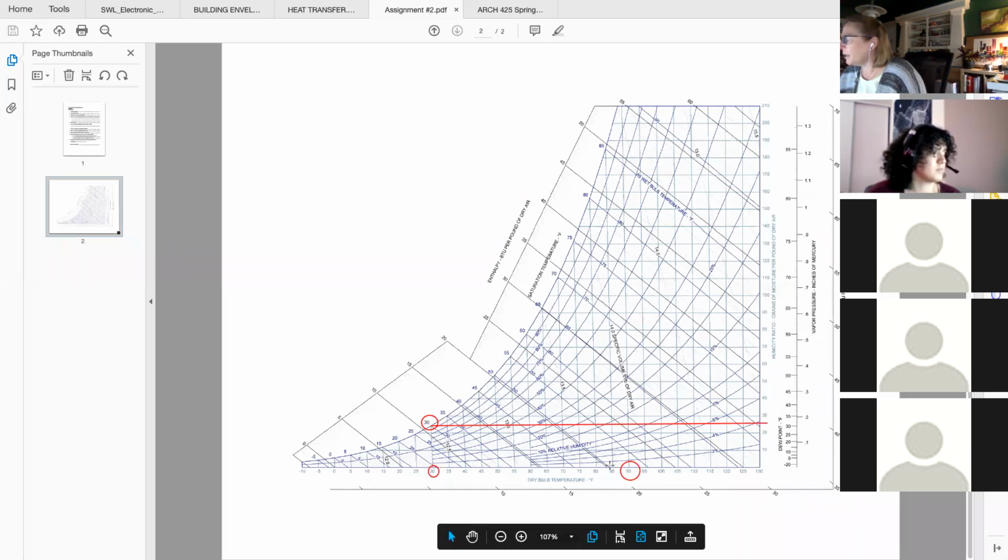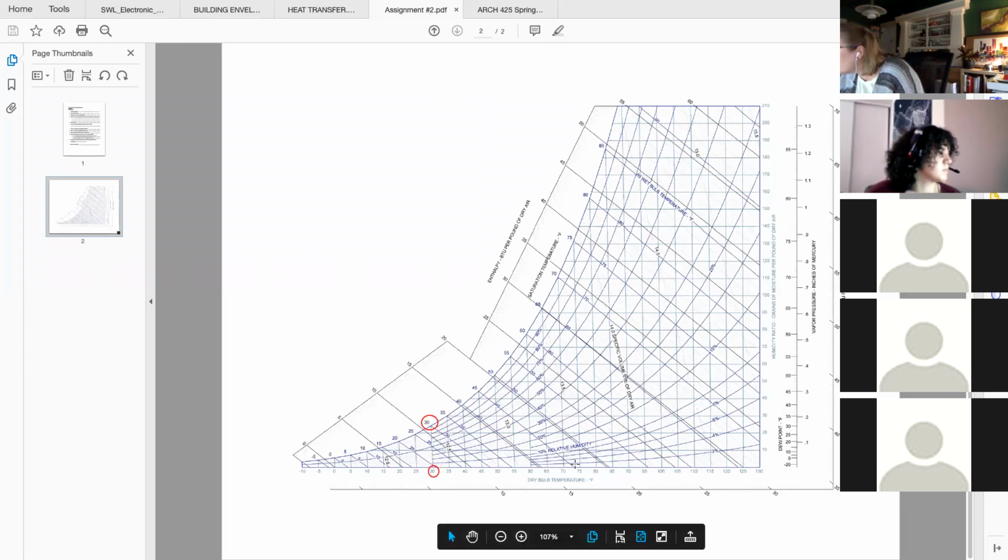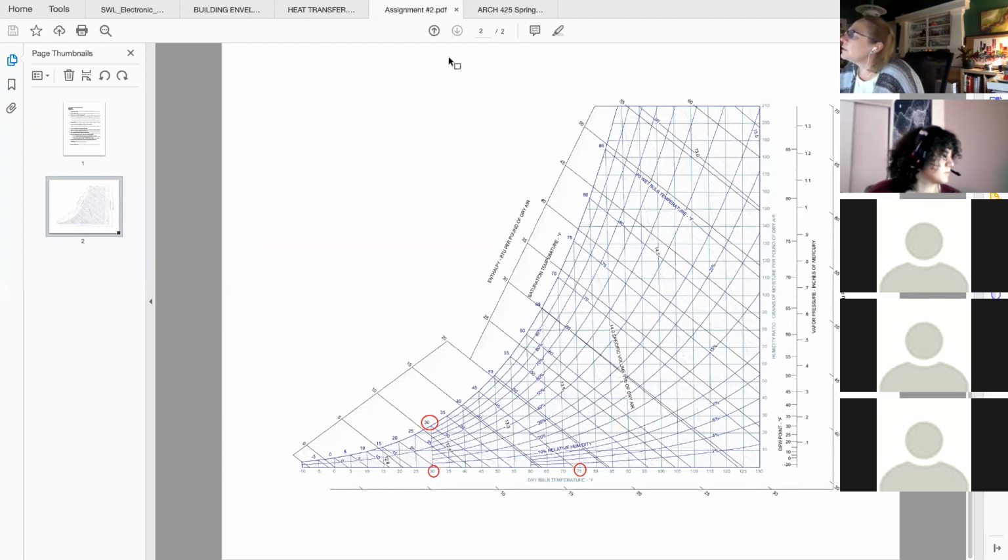So at 90 degrees, actually that's off the chart. I've got to go down. We'll do 75 degrees, that's a good one. So 75 degrees at 100% humidity. You follow the vertical line up. Here we go, we hit 100% humidity.